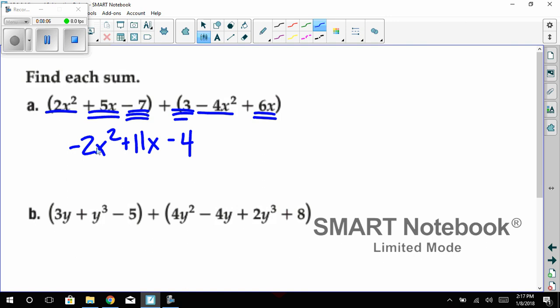Always write them in standard form. Always make sure you go from the greatest degree to the smallest degree. And that's the answer. Go ahead and do B on your own.